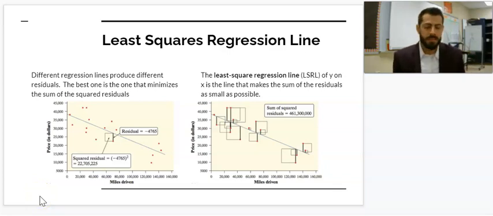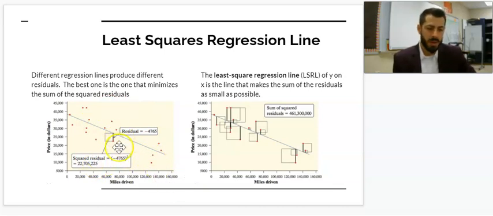How is it made? The way it's made is that you take each dot and you try to essentially, well, this is not done by hand, first of all. But what is going on is a line is drawn that splits the points. And what this line is attempting to do is decrease the value of each of these squares as much as possible.